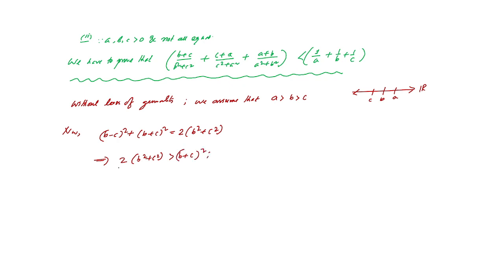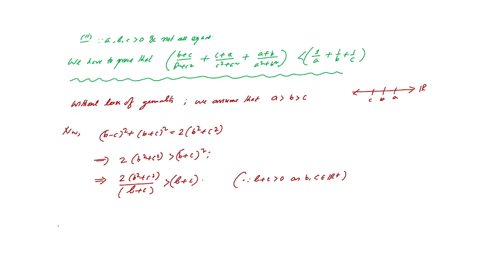And here equality does not hold because A, B, C are not equal. Strict inequality holds. So here we can write 2 into B square plus C square by B plus C. Because all are positive real numbers, B plus C must be greater than 0, so when we divide, the inequality does not change. So that is greater than B plus C.